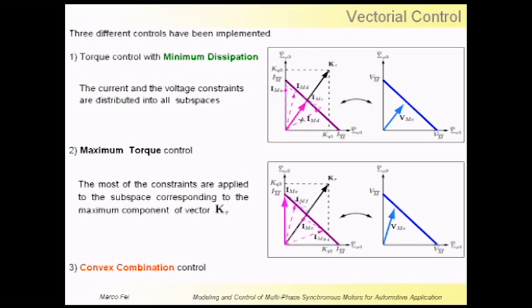So we decide to use the current vector which has the maximum projection on the torque one. In this control, most of the current and voltage constraints are applied to only one fictitious machine. When these two previous controls cannot be used, we propose a suboptimal control named the convex combination.